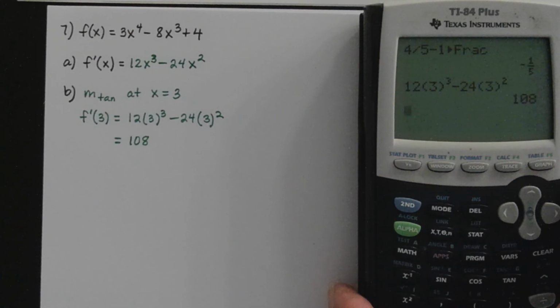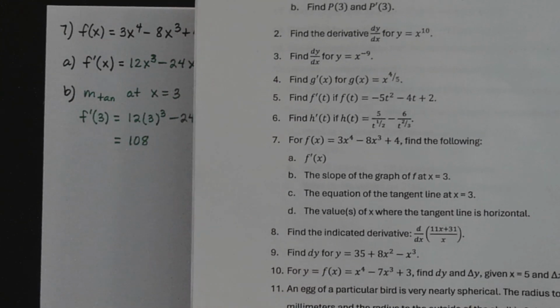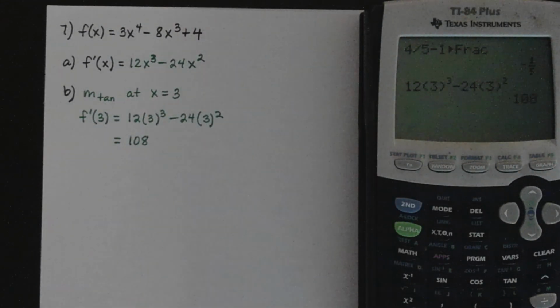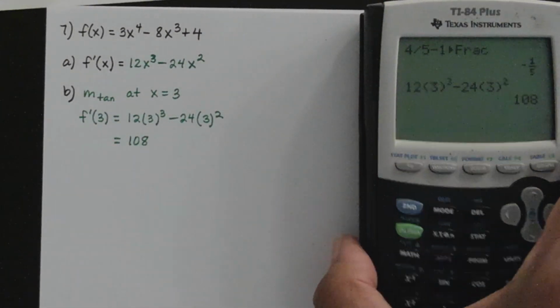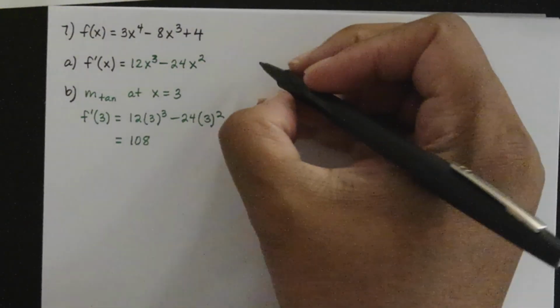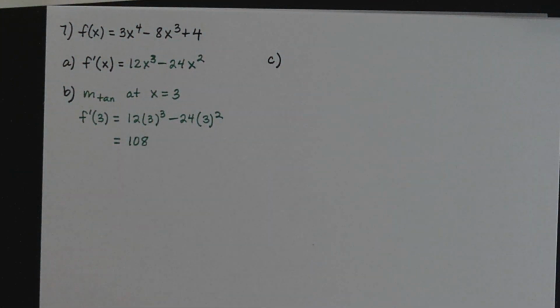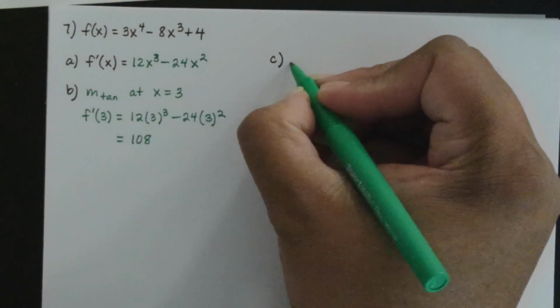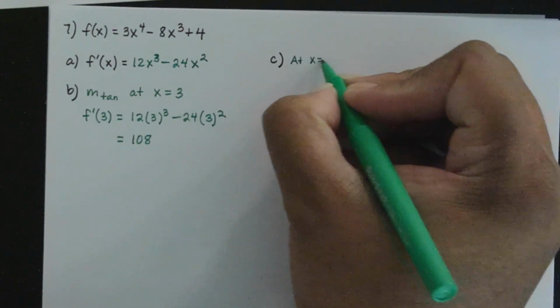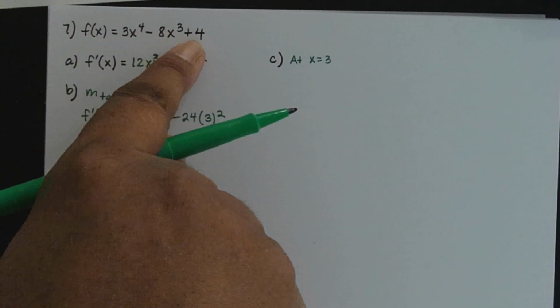Now, part C, they ask for the equation of the tangent line at x equals 3. All right. Well, I know the x-coordinate of that ordered pair is 3. But of course, to get the y-coordinate, I need to find out what that is by substituting each x in the original function with 3.